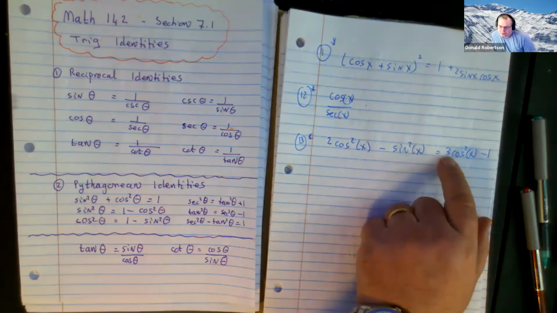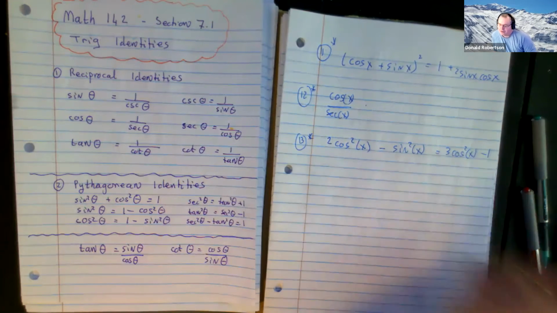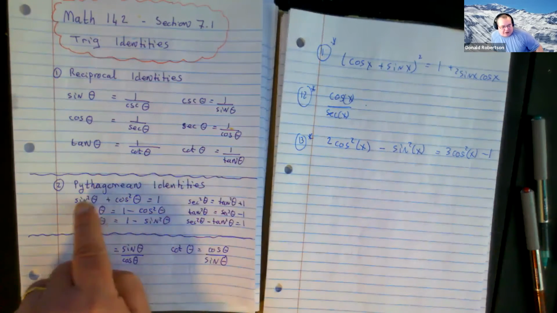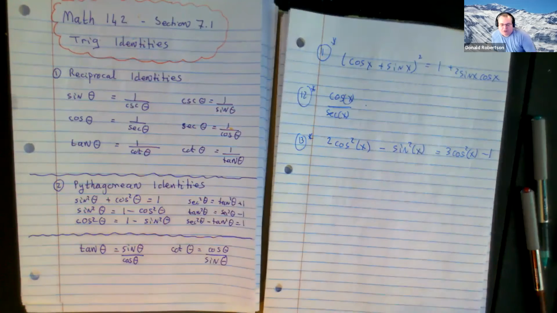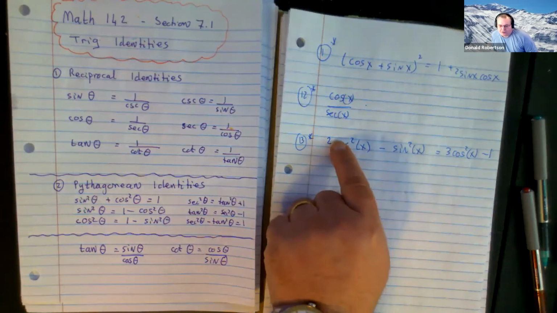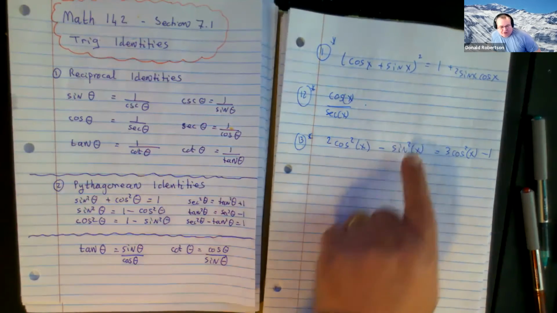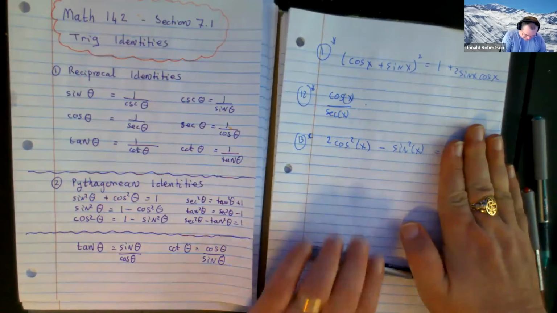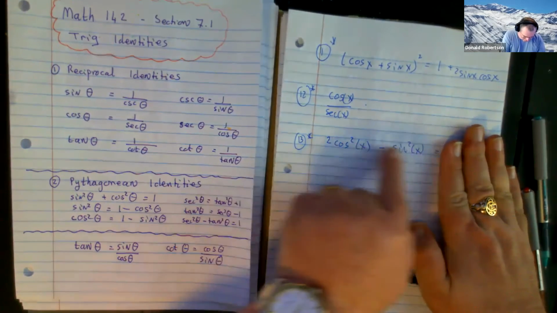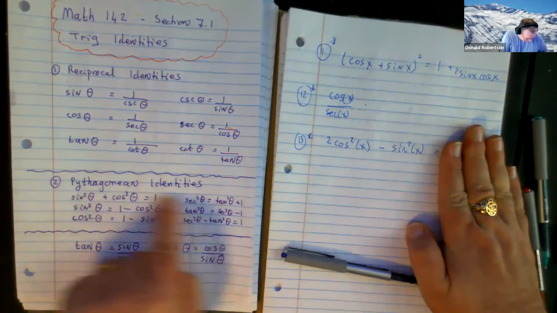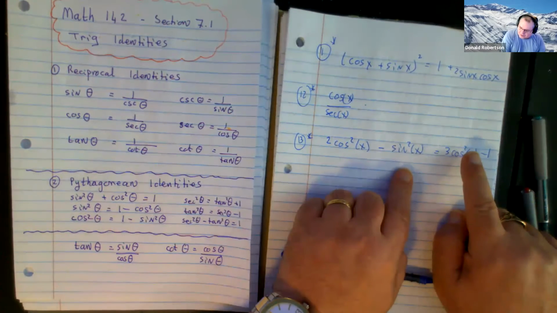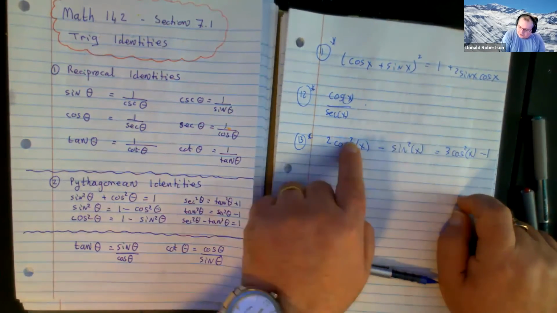Do you notice they want you to prove it's 3 cosine squareds, right? So which of the guys over here, in other words, which of these two should I change using one of these guys? Which one of these two should I change into something else so that you end up with this guy? And there is a clue on what this guy is and what you've got to start with.